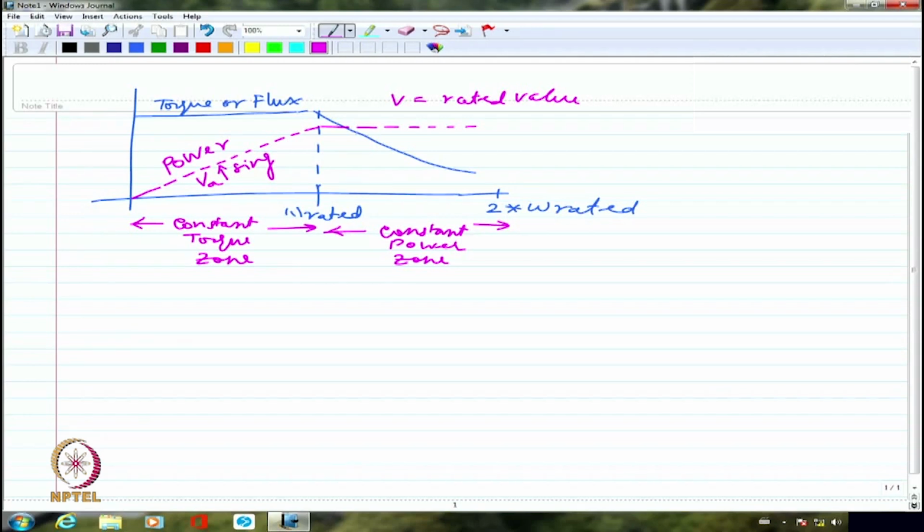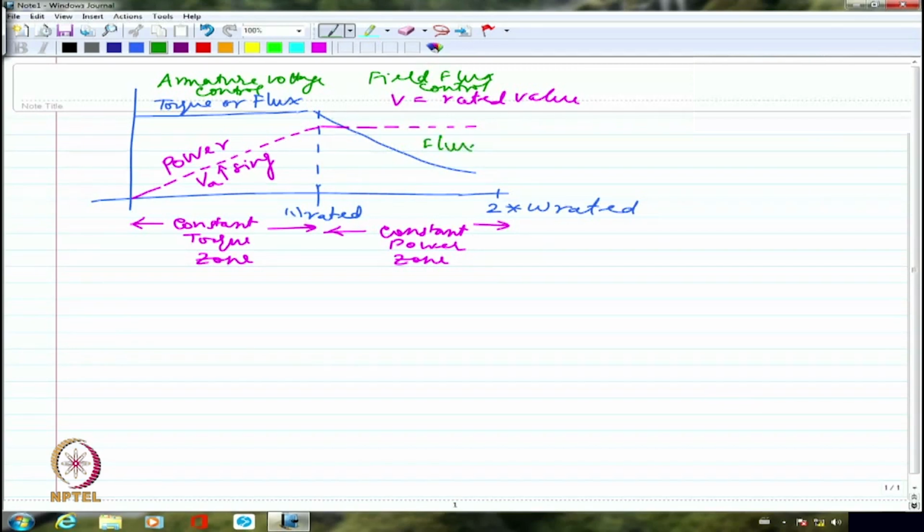So the 2 regions distinctly are, this is armature voltage control, and this is going to be field flux control. Beyond a particular point, when I make the flux too low, the flux is decreasing here.